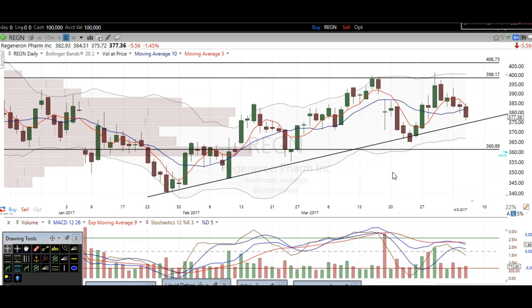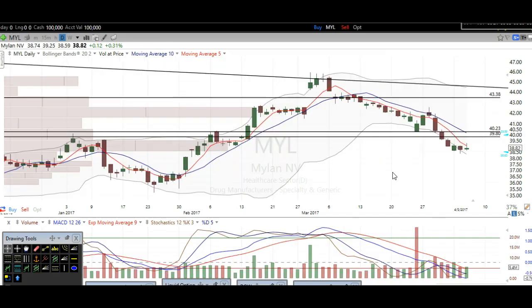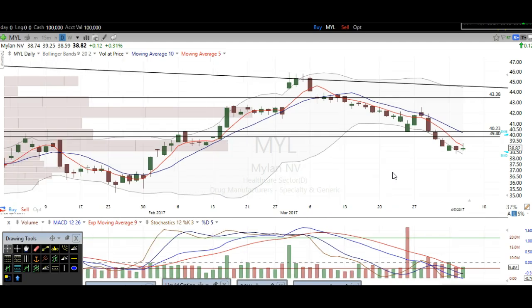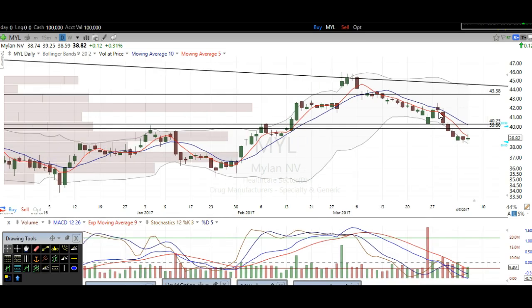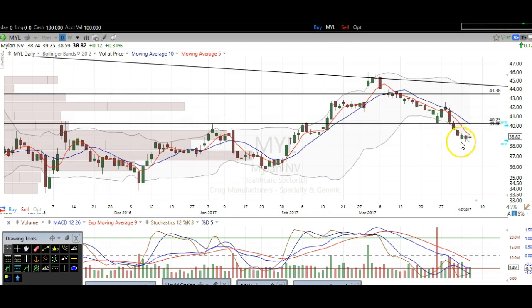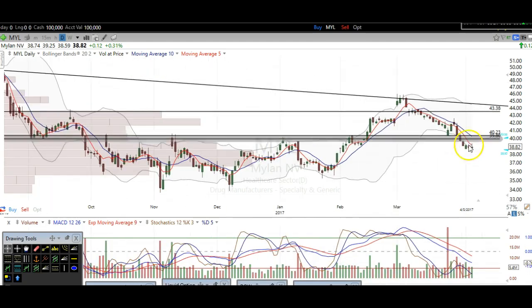Next one we're going to take a look at is MYL. In MYL, this is another weak one right here. We had this bounce right here, and then this stock got hit with 2 days of bad news, which is not really great, and that really affected prices right here. And it looks like it could be doing a little bit of sideways trading action, but overall pretty bearish as we're below this support.